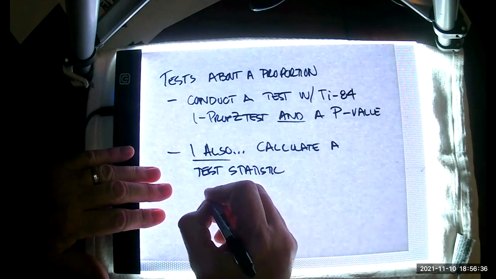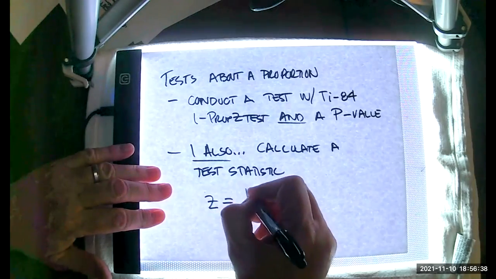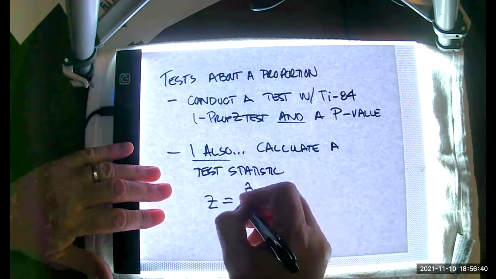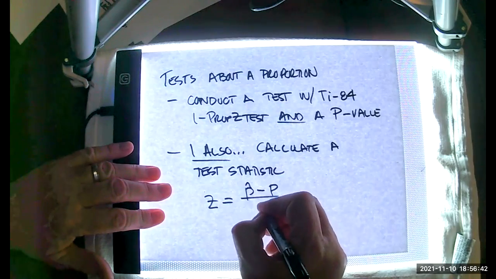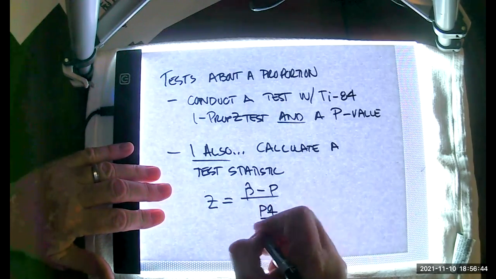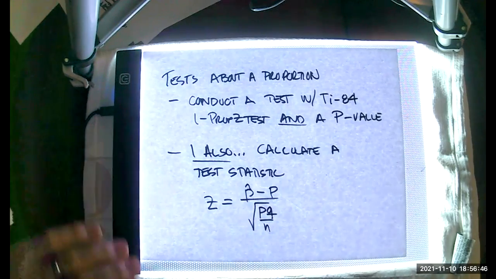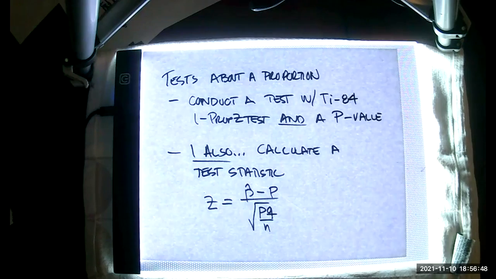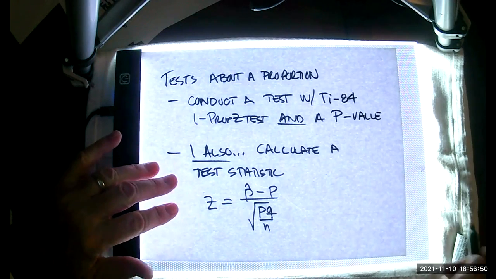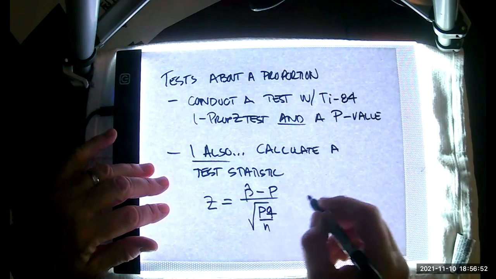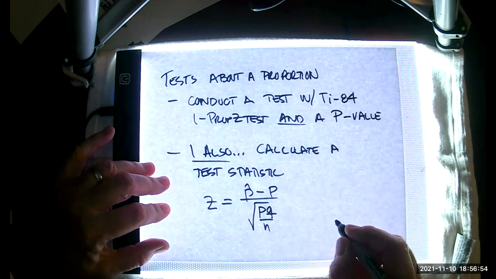I'll remind you that the test statistic is Z equals p-hat minus p, and then down below we've got the p, the q, and the n that live in the radical. There are two ways of going about doing it. One way is to just use the formula directly.